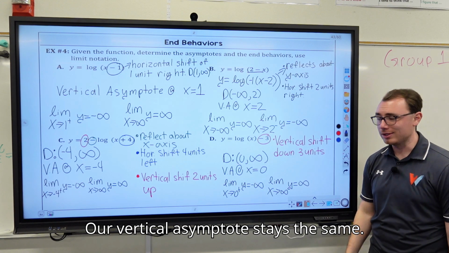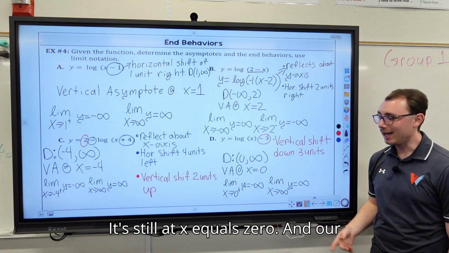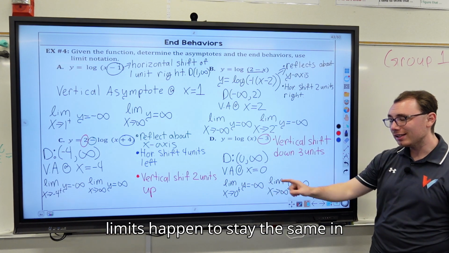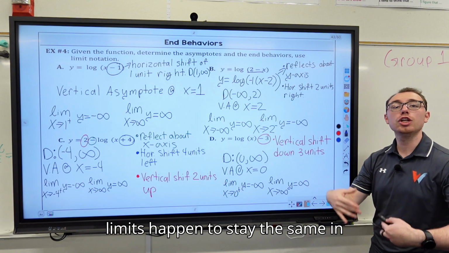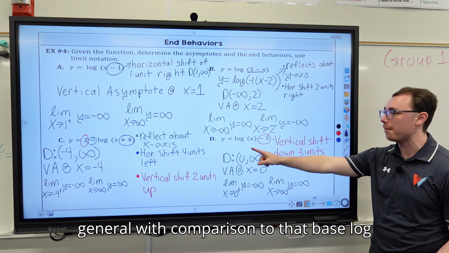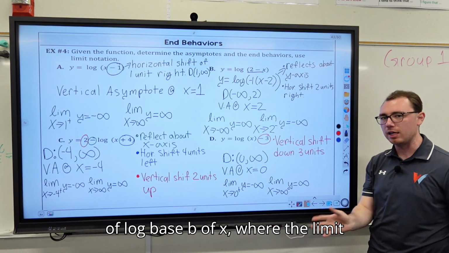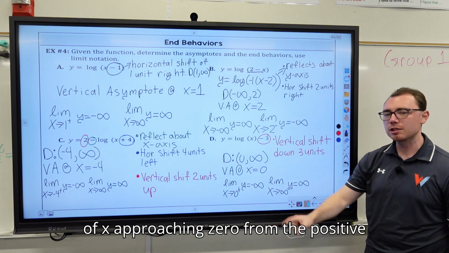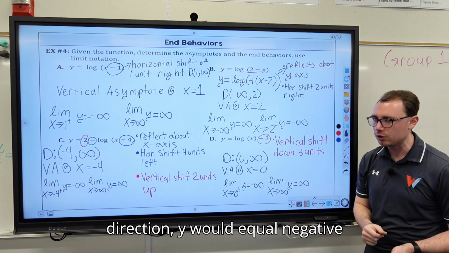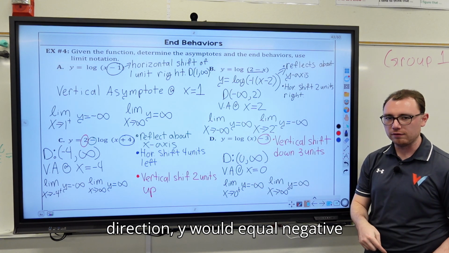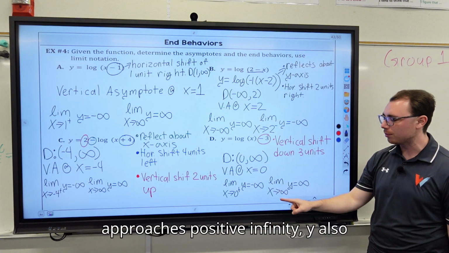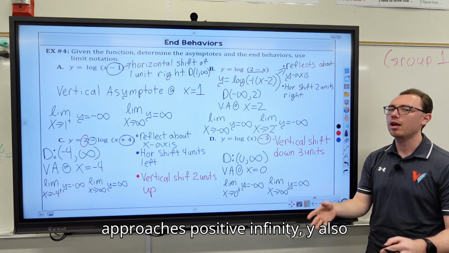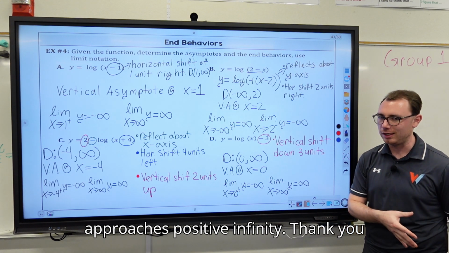Our vertical asymptote stays the same. It's still at x equals 0. And our limits happen to stay the same in general in comparison to that base log base b of x, where as x approaches 0 from the positive direction, y would equal negative infinity. And as x approaches positive infinity, y also approaches positive infinity.